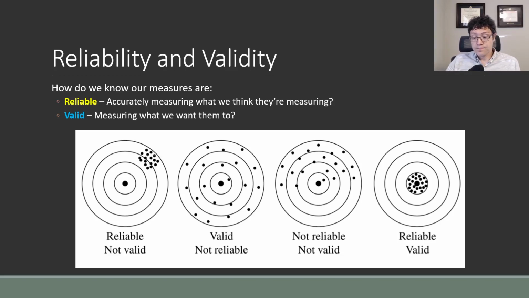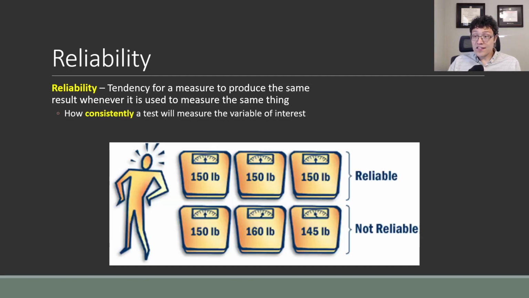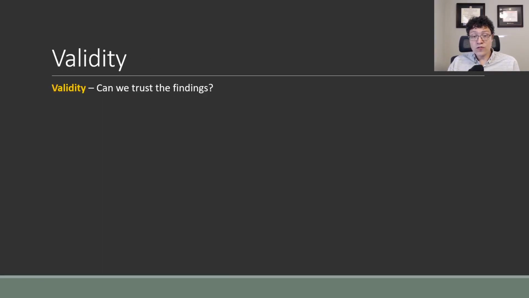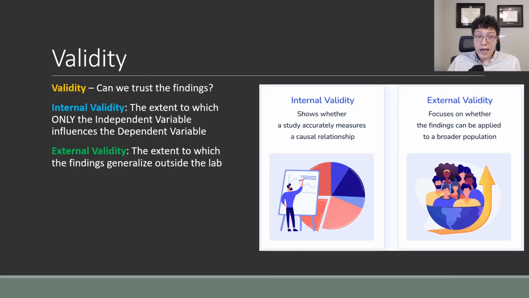Things like that. When it comes to reliability, I like to think about consistency. You want a friend who is reliable and consistent. If you step on a scale, you want it to measure the same weight each time. You don't want it to be 10 pounds different each time you step on the scale. Otherwise, that's not a very reliable scale. Compare that to validity. We talk about two types of validity.